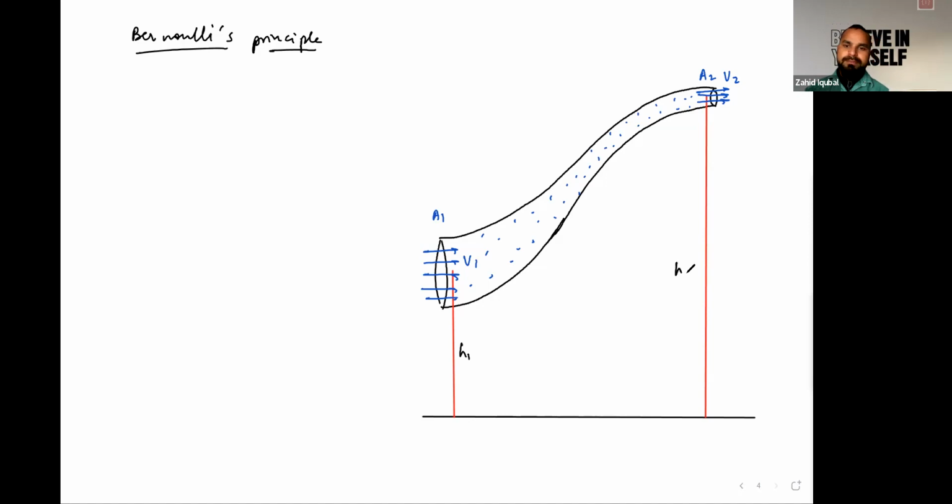Let's say this is H1 and this is H2. Let me define and prove this particular statement. There are some assumptions or limitations.